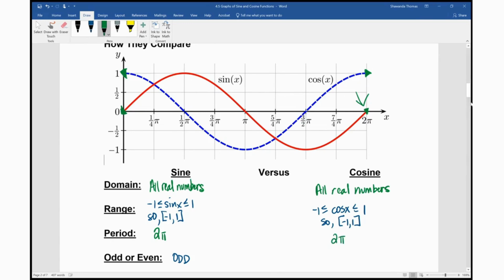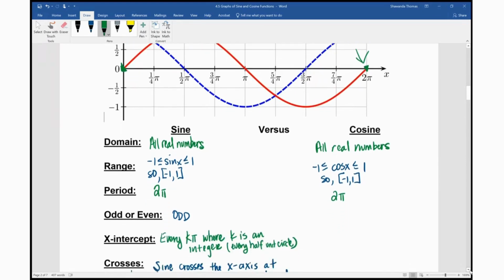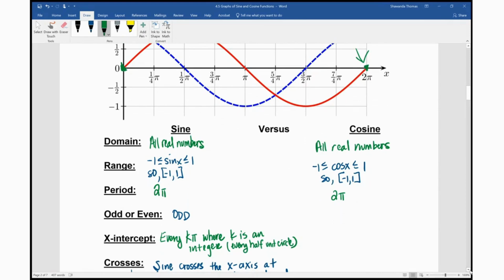However, is cosine odd or even? From your notes from 4.2, or from what I said earlier, if you caught it. Even. It is even. Let me put this down just in case y'all don't remember.